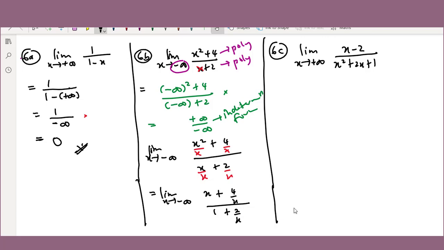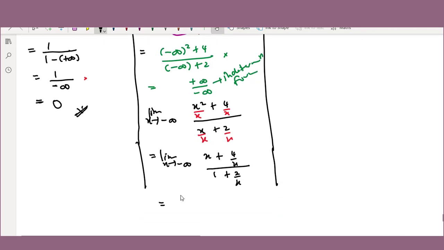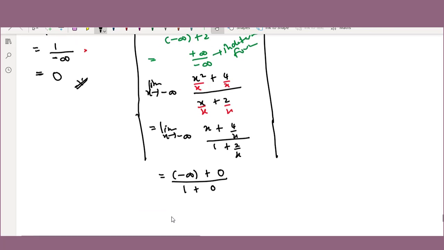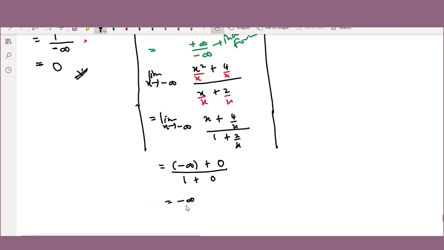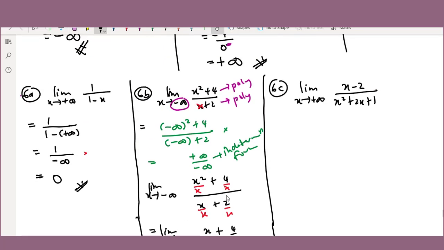Then substitute infinity. This is negative infinity plus 4 over infinity, which is equal to 0. 1 plus 2 over infinity is equal to 0. Then this is negative infinity over 1, which is equal to negative infinity. You may skip this step. And that one is for 6b.